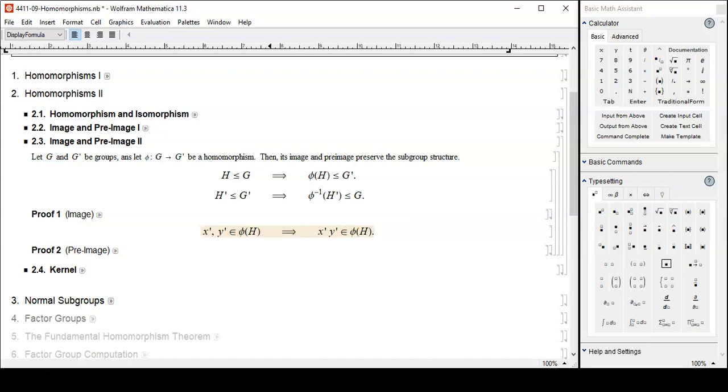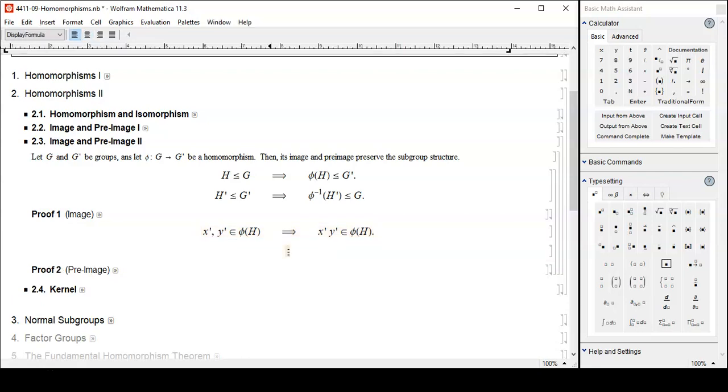That's what we have to do, the closed. And then the next, the identity. And then the inverse.